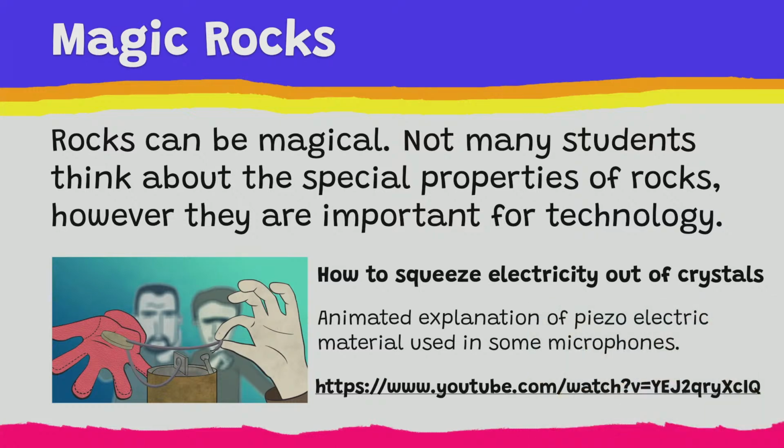Okay, so we've got some other extensions. Magic rocks. We talked about magic rocks last week with silicon, and how silicon pumping electricity through it basically powers all of our modern world. Another magic rock. Now we have piezo elements. So there, you can talk more about that. Another element, not an element, it's a material.